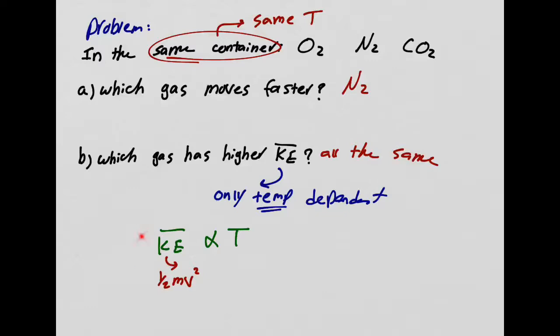The average kinetic energy depends on temperature, so as long as you have the same temperature, they have the same average kinetic energy. So remember that: same container, same temperature, same average kinetic energy. So far so good?